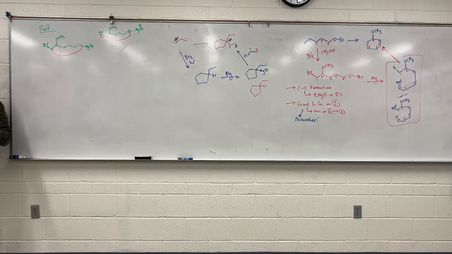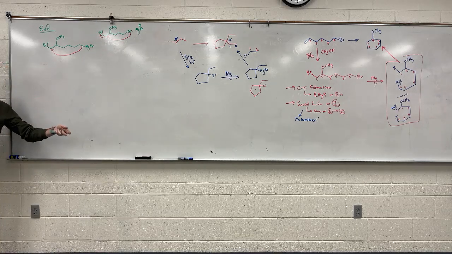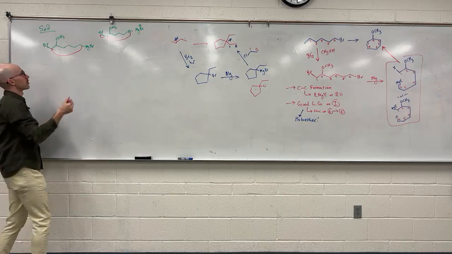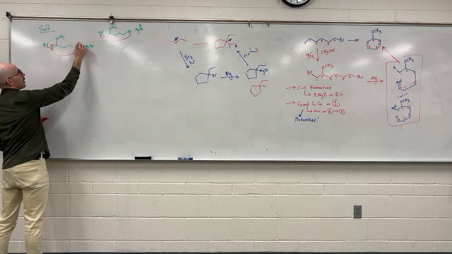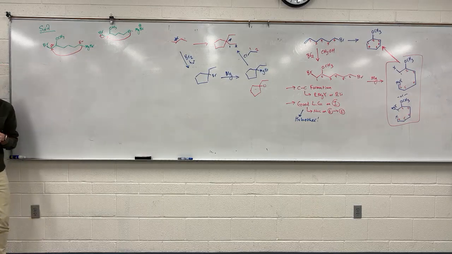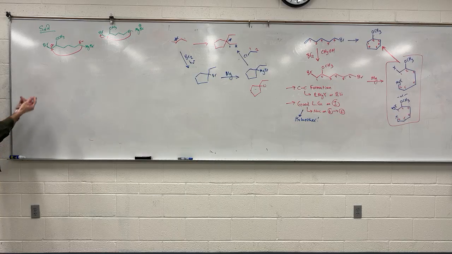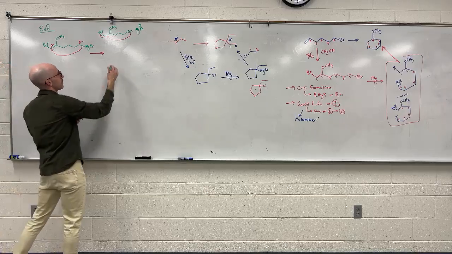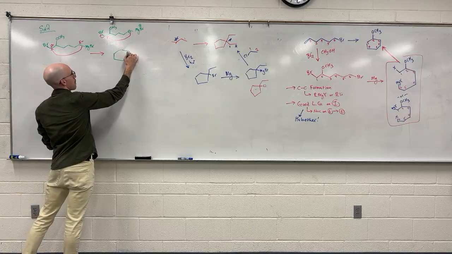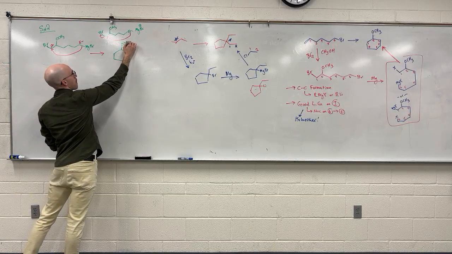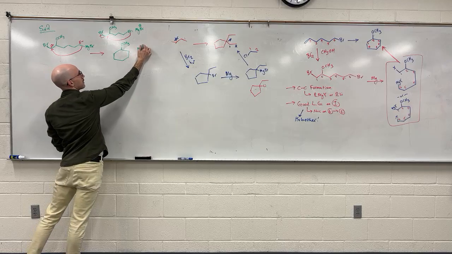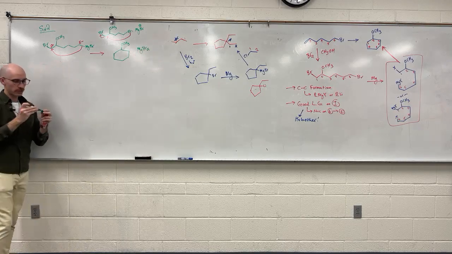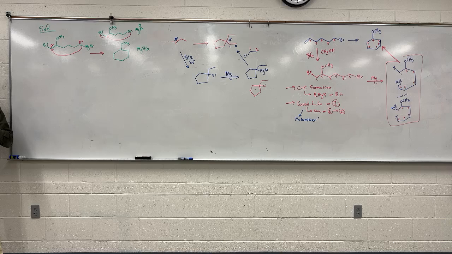And so, of course, that carbon is incredibly drawn to the partial positive on this other carbon. Magnets clicking together. That's it. That's my mechanistic step. And my byproduct is magnesium bromide, MgBr2. SN2, simple.